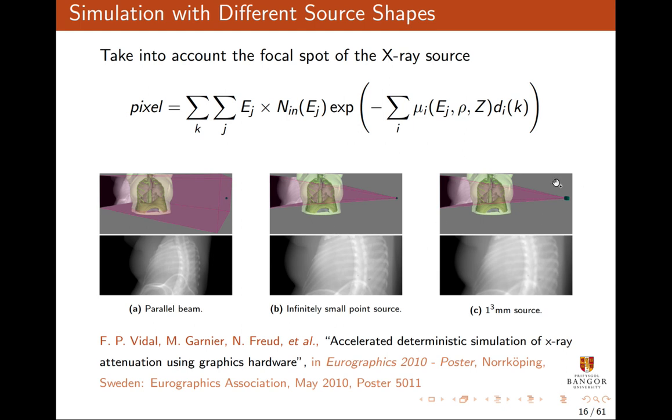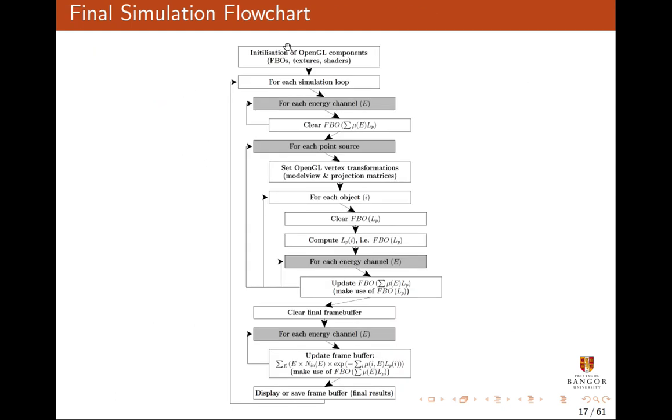But really we could have something that's a little bit more than a point source, like here it's a cubic millimeter. Basically we have an array, a cube, of point sources, and we're going to iterate through these sources. So in addition to the previous pipeline, we added 1 loop, 2 loops, 3 loops, 4 loops. And that's going to make the simulation a little bit slower.